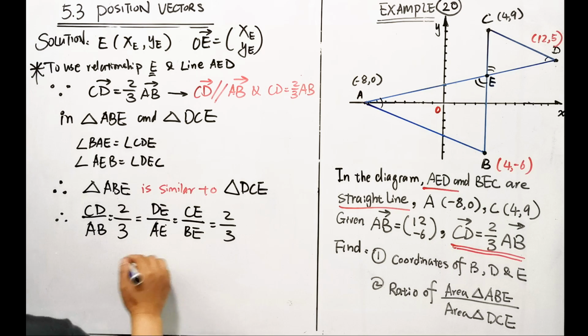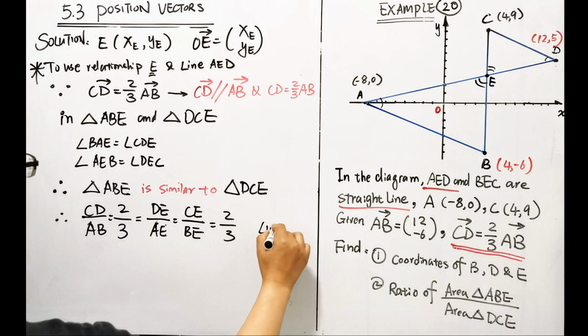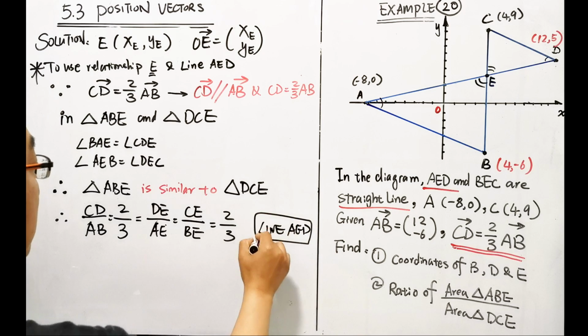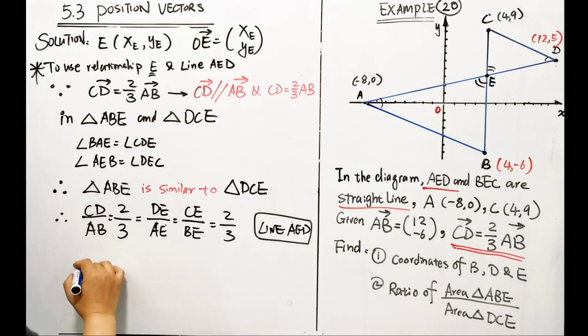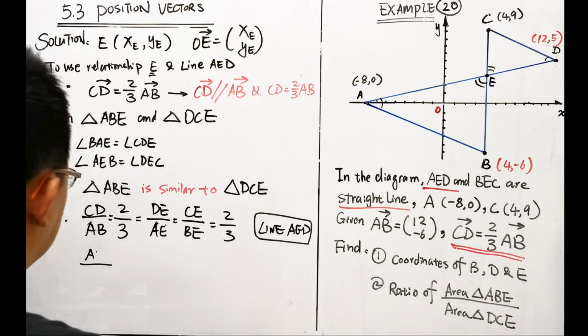From here we see that our focus is the line AED, right? So this is our focus line. From here we can see that, what's the ratio about the DE, let's say from the AD?